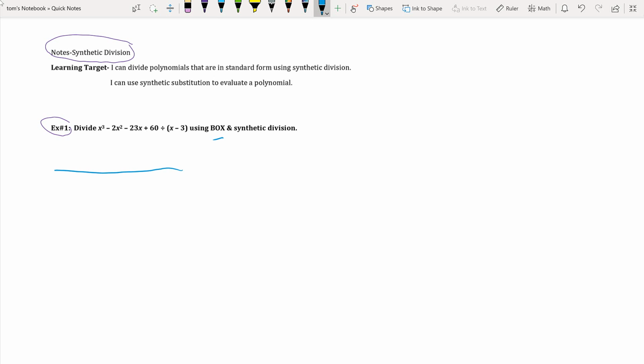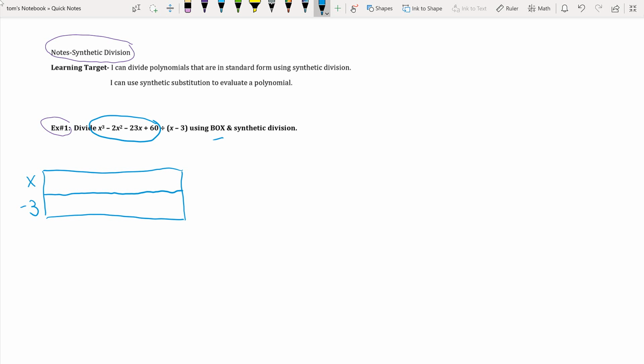If you remember, we're just using our box model. We're doing the opposite of multiplication. So x minus 3 is one of our factors that we're going to multiply together to give this original problem.